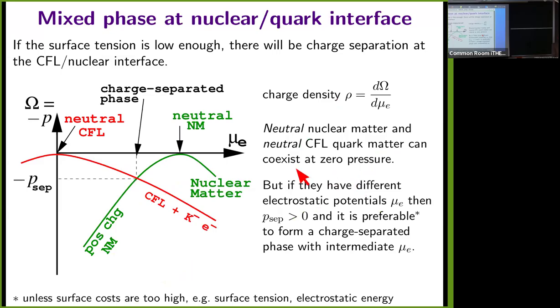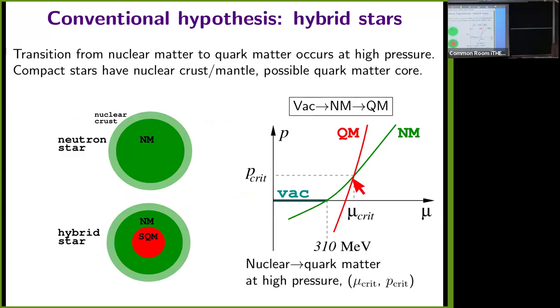So here I've introduced the electron chemical potential, which is the same as the electrostatic potential, because in this context the only charge that the electron carries that we care about is electric charge. And up the side here is the free energy, which is minus the pressure. So the state with the lowest free energy is the favored state. Let's sit right at this point where neutral quark matter and neutral nuclear matter have the same pressure, so they can coexist.